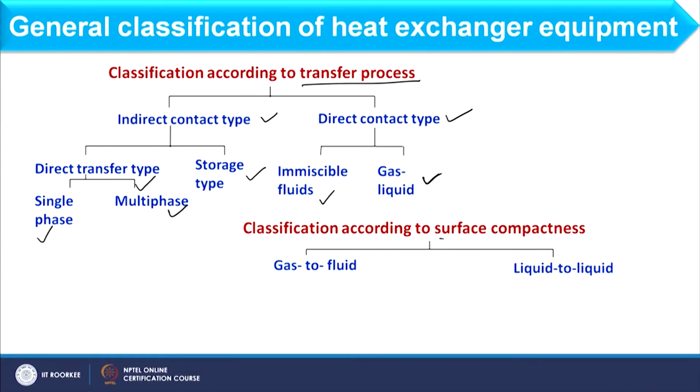Now, further we will consider the classification based on surface compactness. Okay. Now, what is surface compactness? Surface compactness means how compact the heat transfer surface is, or how small the heat transfer surface is. It does not mean that heat transfer is less.